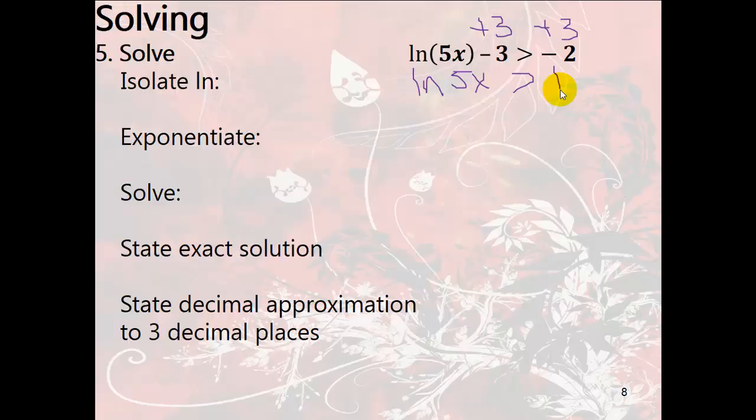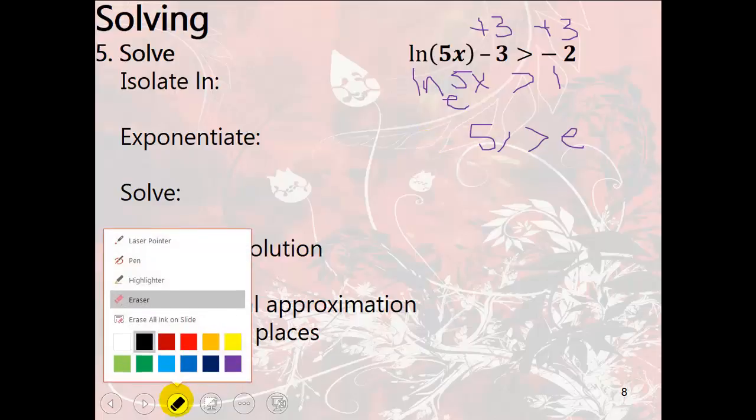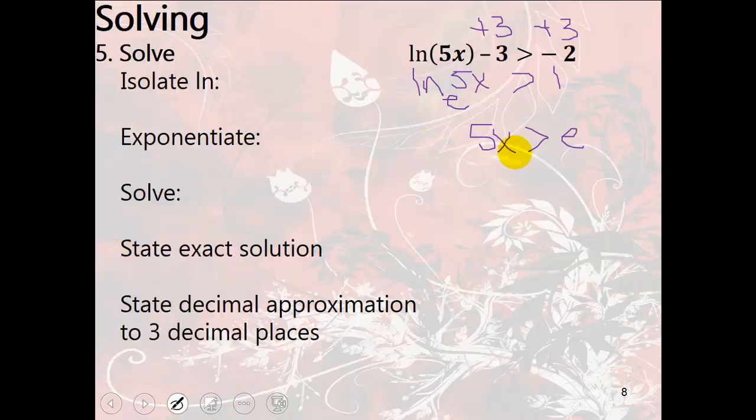So now I'm going to exponentiate because I have a single log. So this would be my input 5x has to be greater than e to the first, or just e. Now to solve that, I am going to divide both sides by 5.